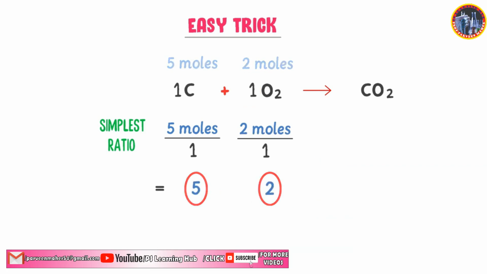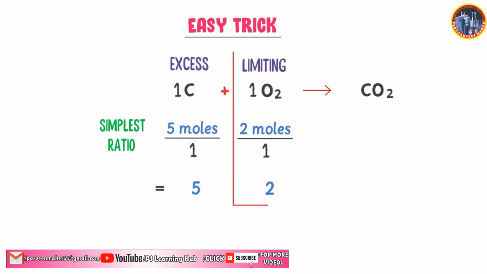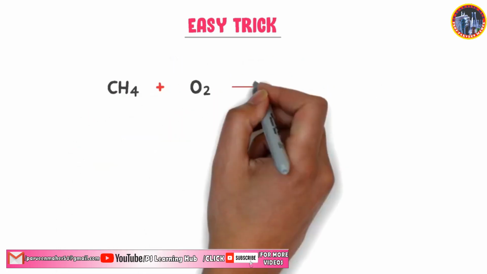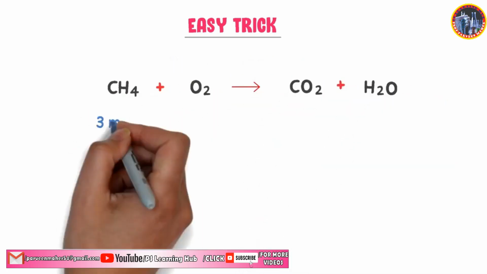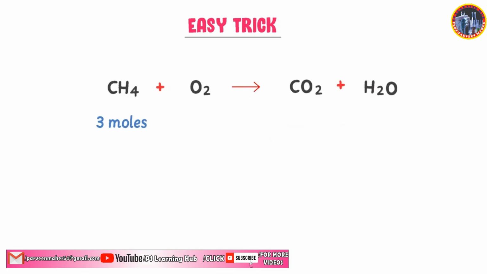Hence we say that oxygen is limiting reactant and carbon is excess reactant. Thus remember that the reactant which has the smaller ratio is the limiting reactant and the other one is excess reactant.